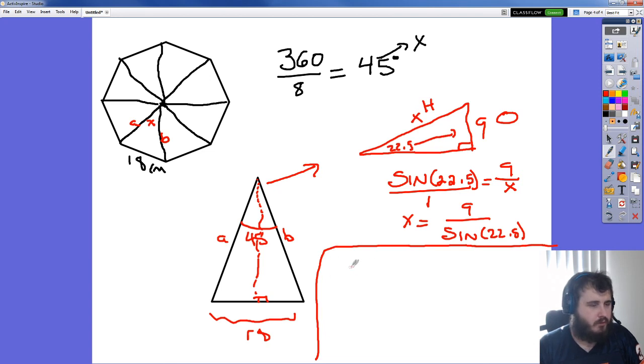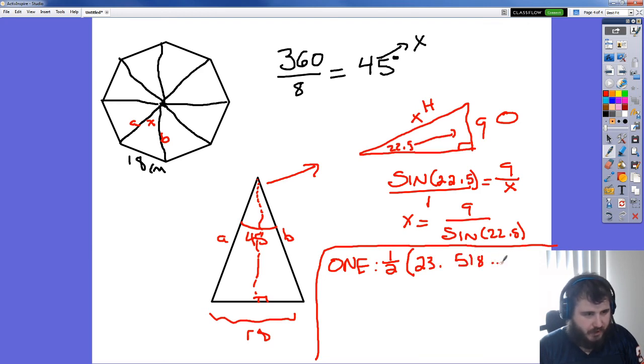So you go through. The area of one triangle is 1/2 times this thing, 9 divided by sine of 22.5, which, because I don't have a lot of space right here, I'm going to abbreviate. It's like 23.5 something, yada yada yada.